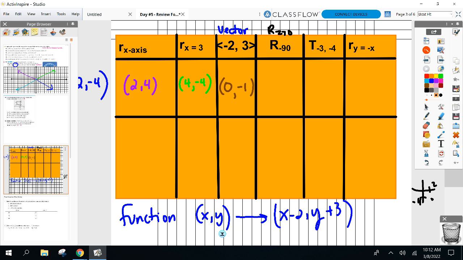Move your paper to the right. Lucy, move it to the right. Good. Where's your original point? Okay, go back. 2, -4, right? Where did you just turn it?